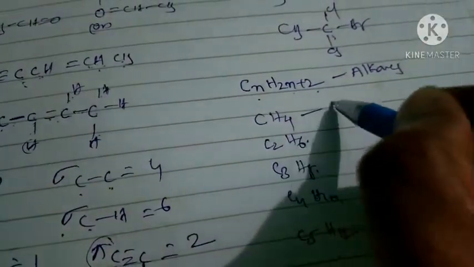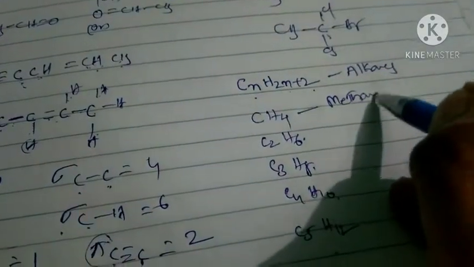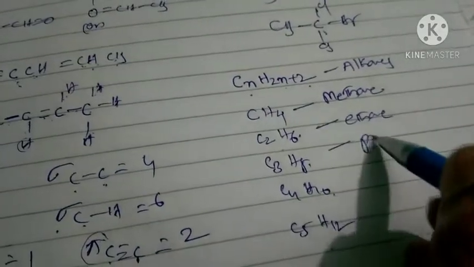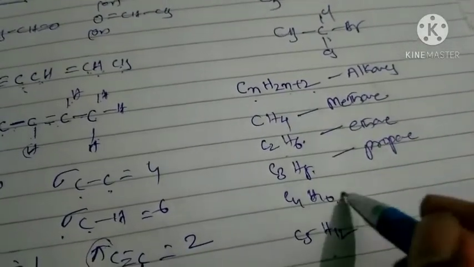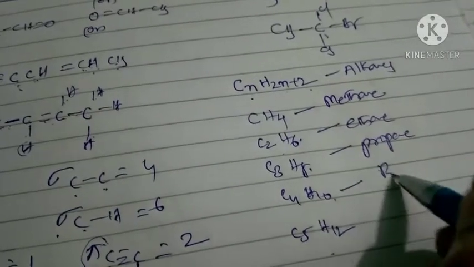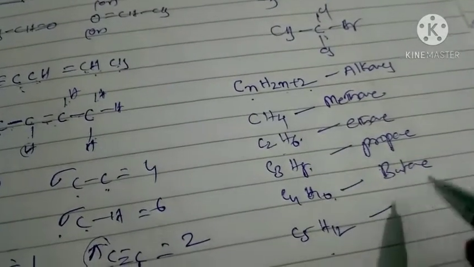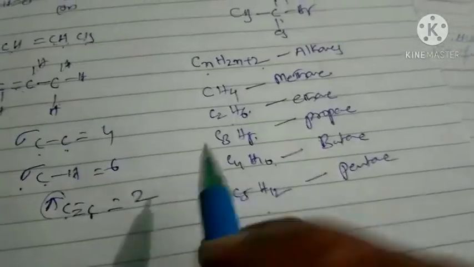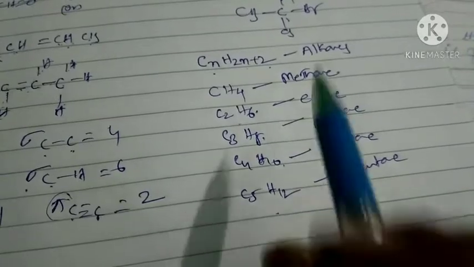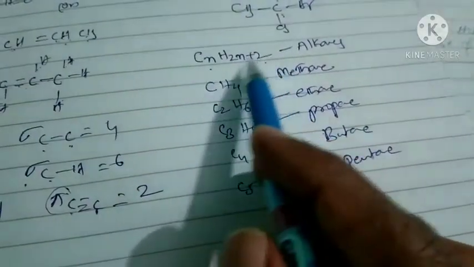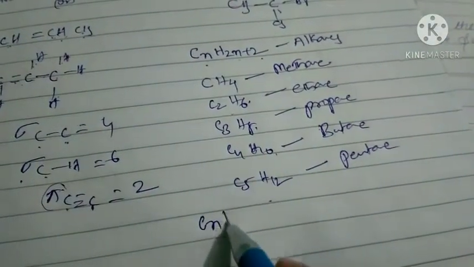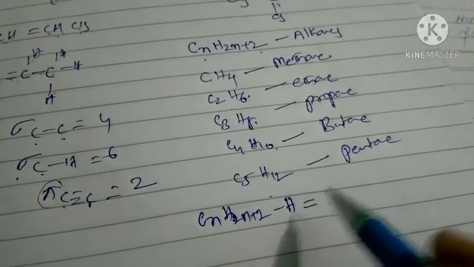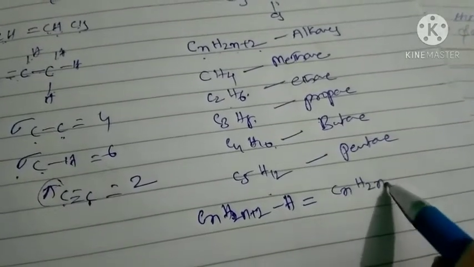Here if one carbon is present, that is called methane. If two carbons are present, that is called ethane. If three carbons, propane. If four carbons, butane. If five carbons, pentane. Now our point is, if you remove one hydrogen from an alkane, then CnH2n plus 2 minus hydrogen becomes CnH2n plus 1.